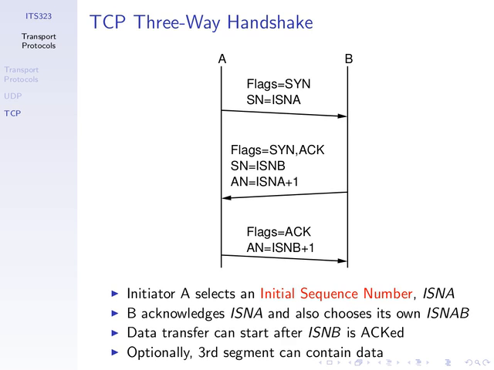TCP uses sequence numbers to count bytes, not segments. So you can think this data has 1,000 bytes. The first byte, sequence number 362. The second byte, 363.